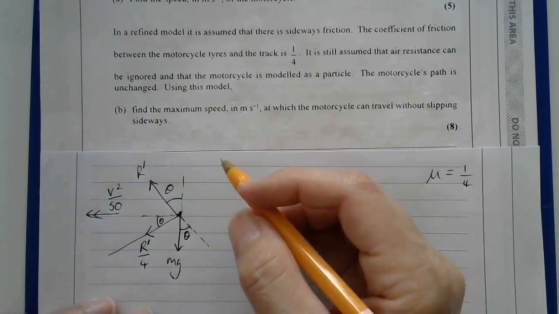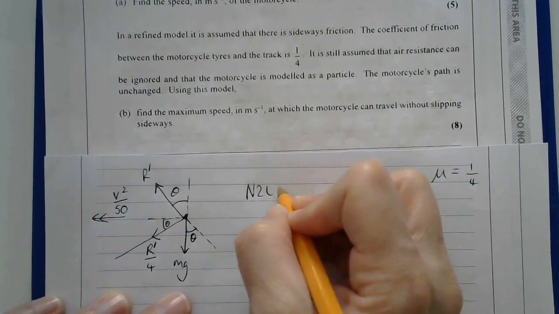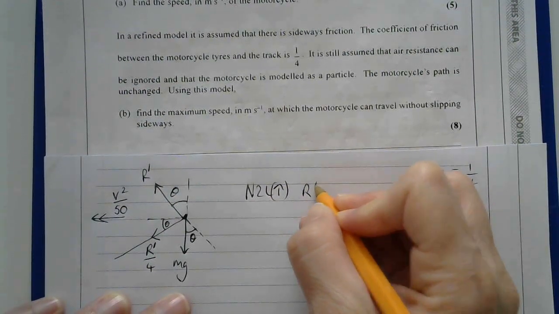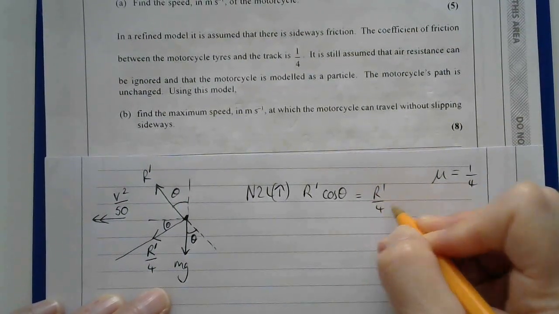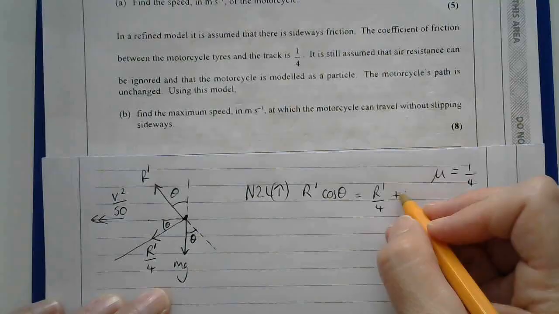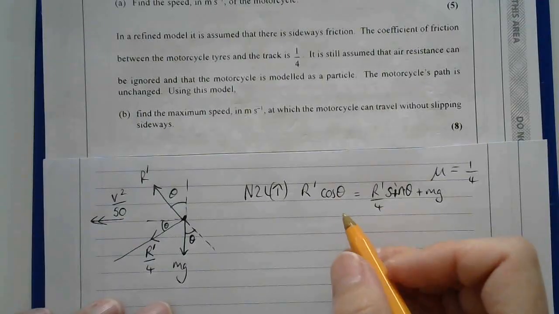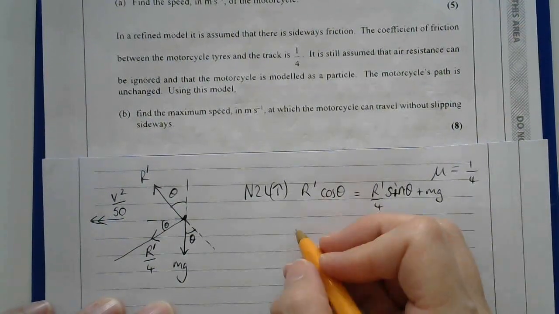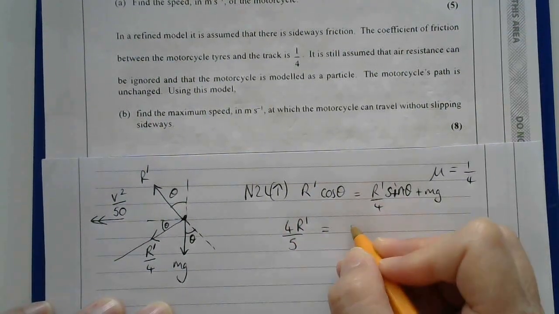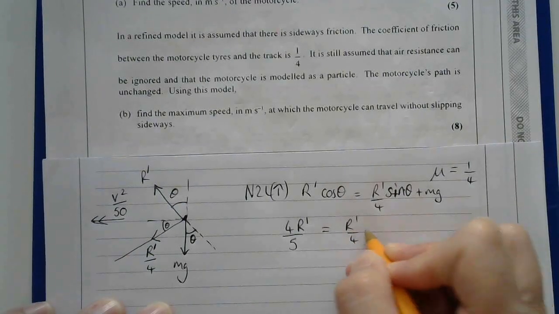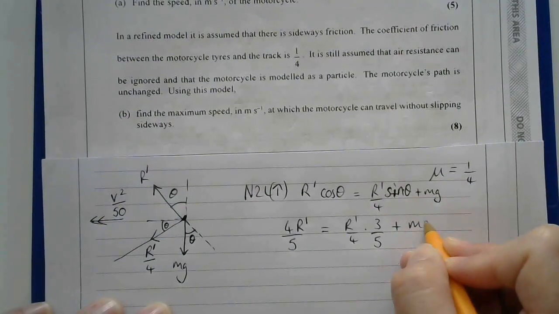So now I can resolve again. This time I'll get upwards: R dash cos theta equals R dash over 4 times sine theta, plus mg. So popping in the values of cos theta and sine theta that have remained unchanged, I now have R dash times 4/5 equals R dash over 4 times sine theta, which is 3/5, plus mg.